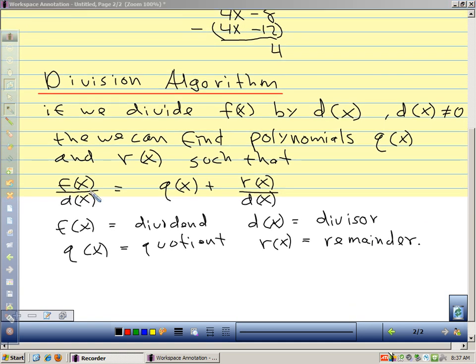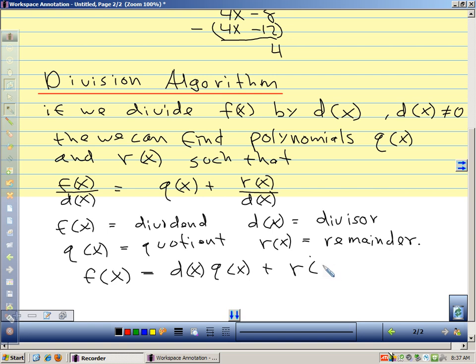And the way we wrote the division algorithm here is equivalent to, if I multiply both sides of my equation by d of x, by our divisor, I can rewrite this as f of x equals d of x times q of x plus r of x.